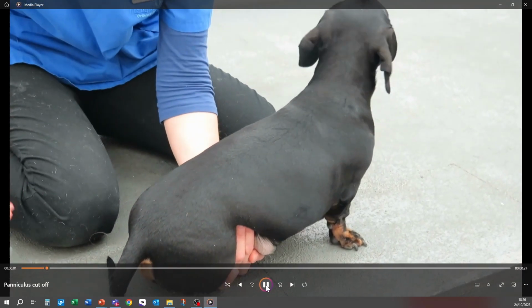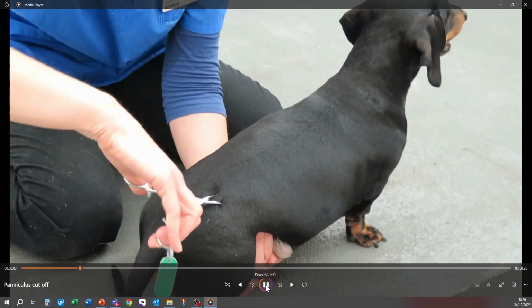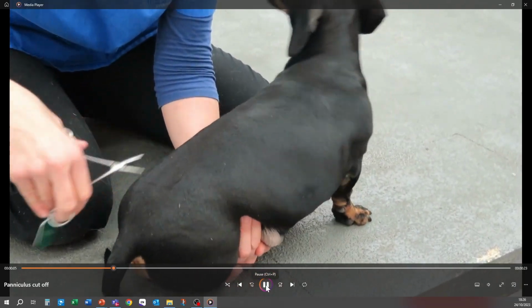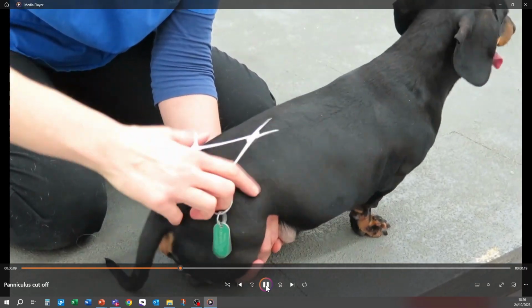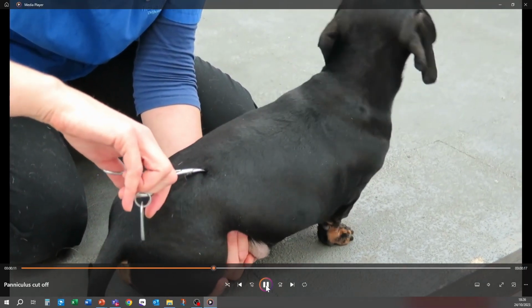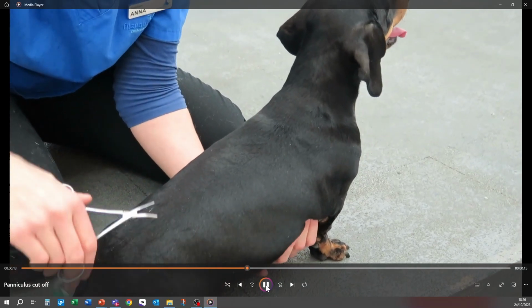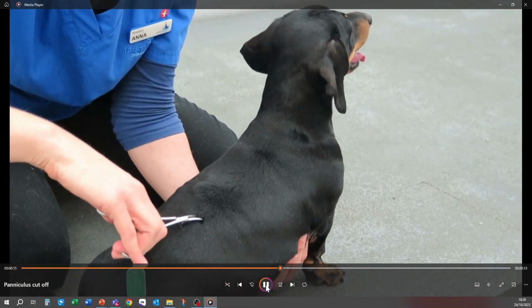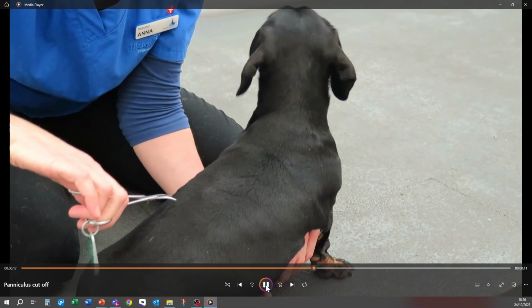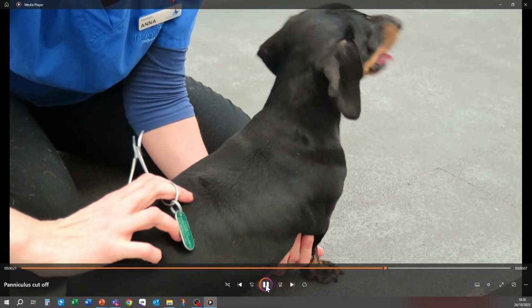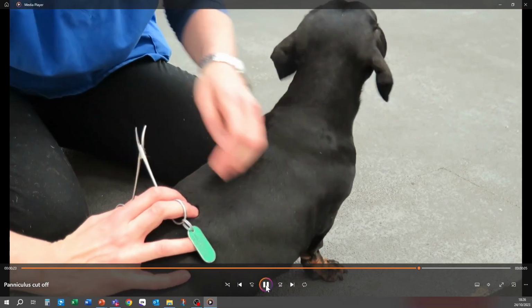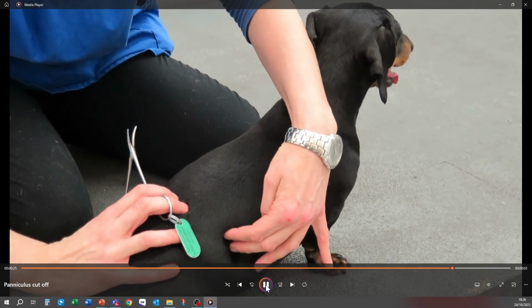So here we can see it in action. So we have no twitch, no twitch, no twitch. There we go. Very definite twitch there. And so the neurologist is now feeling the rib.